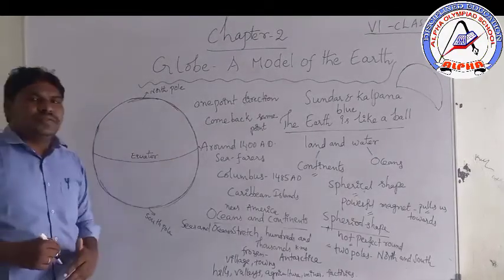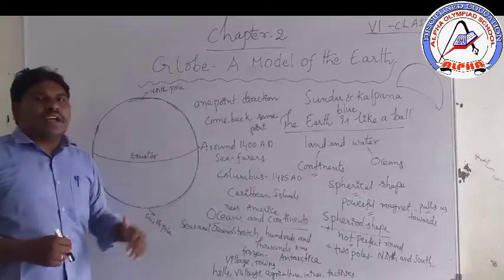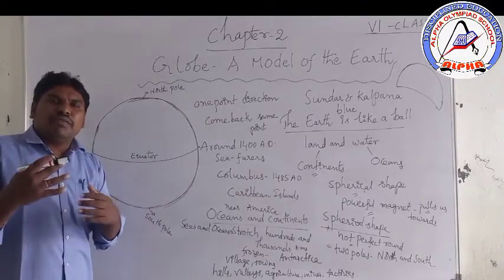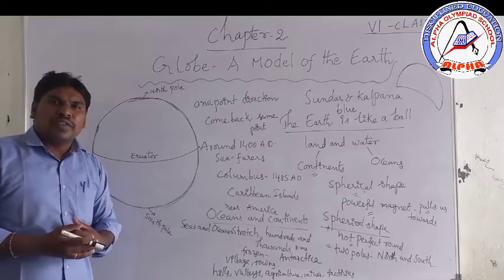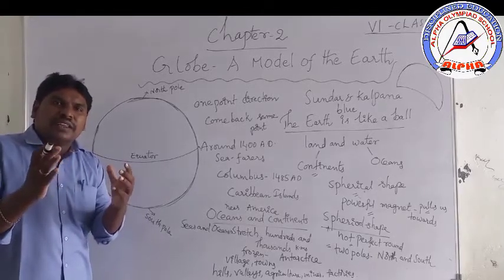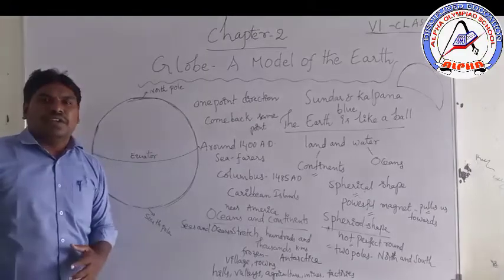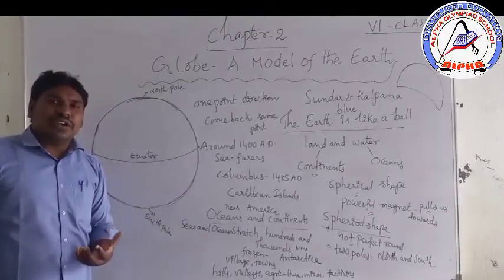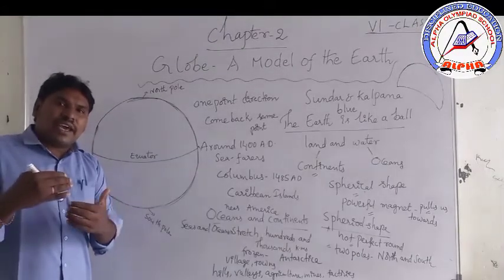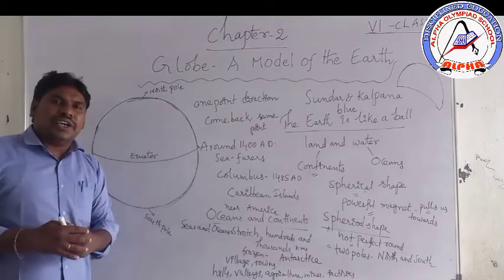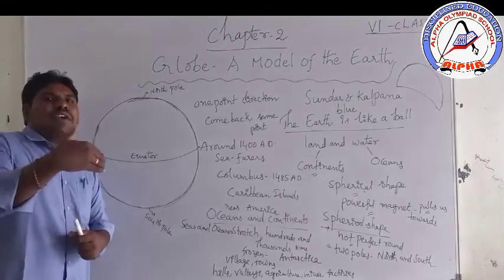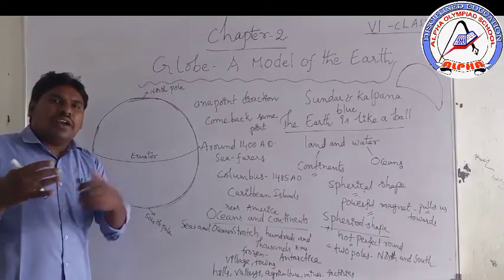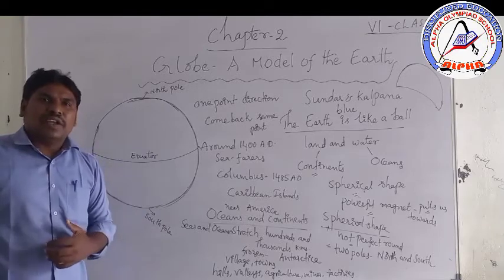And next, people before believed that the earth was flat. If we traveled in any direction, finally we would reach the edge of the earth, and there we could fall down into the sky.